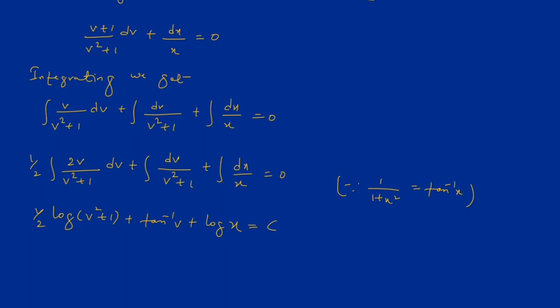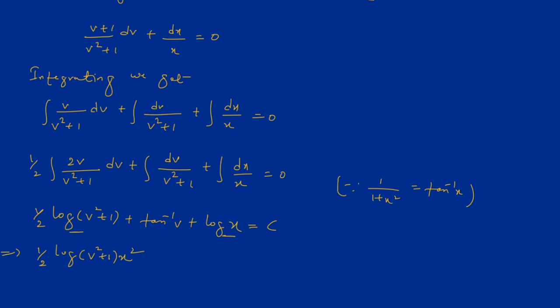So now, which implies, taking 1 by 2 common from both the log terms. Here log x is there, and 1 by 2 log of v square plus 1 is there, right? So what we are doing here: 1 by 2 taking common means we have to write log of v square plus 1 into x square, because 1 by 2 is common for both the terms.